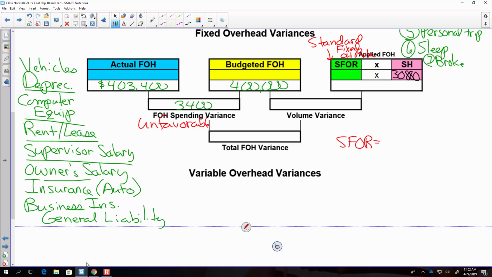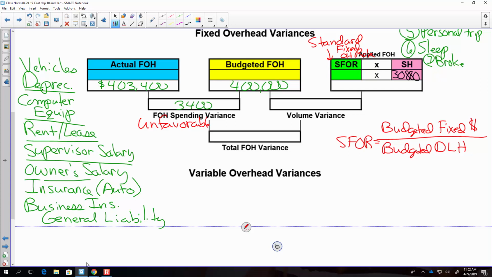This predetermined rate, the standard fixed overhead rate, is budgeted fixed dollars over some budgeted level of direct labor hours. So dollars on top, make sure that is always on top, and our driver is the denominator.